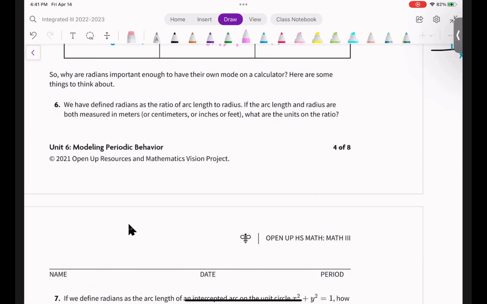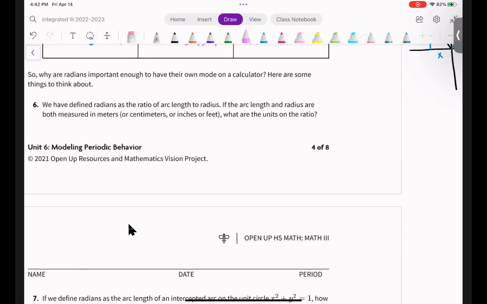Here are some things to think about. We've defined radians as a ratio of arc length to radius. If the arc length and radius are both measured in meters, centimeters, inches, or feet, what are the units of that ratio? Right? So if you think about it, let's say I have 6 oranges and I'm dividing it into groups of 2 oranges each.